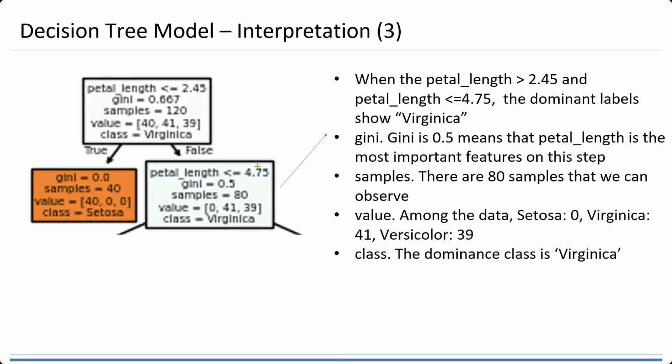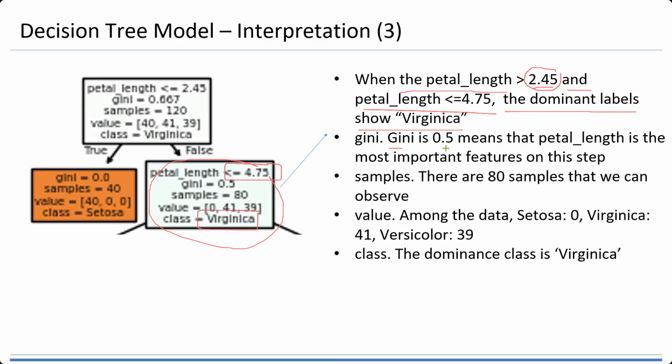On this side, the petal length again is selected for the next node. When the petal length is higher than 2.45 and the petal length is less than or equal to 4.75, then the dominant class label shows Virginica.